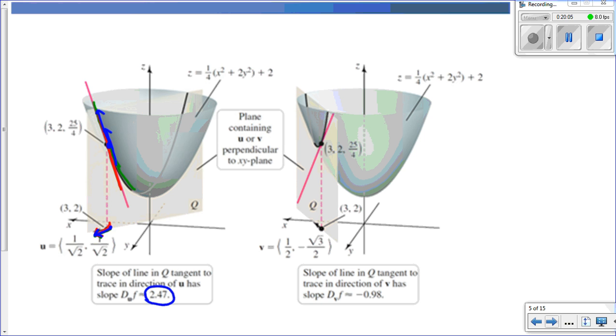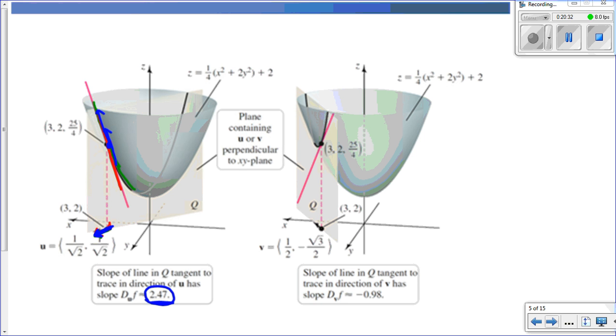So for every unit that we're moving along the u vector, we're moving 2.5 units along the surface in the upward direction. So the slope is the change in the z-values with respect to that distance along that unit vector u.